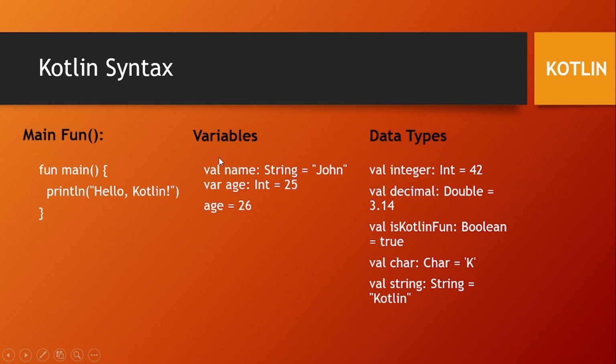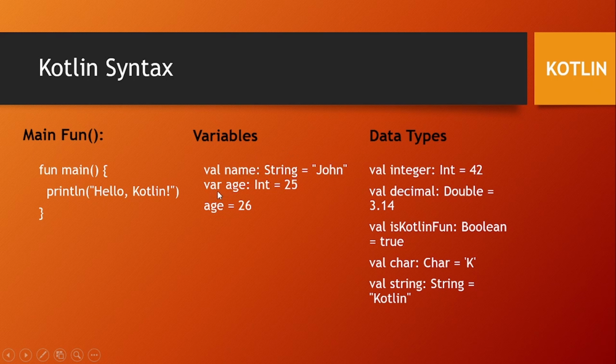Here we can see how we can declare a variable in Kotlin, which is different from other programming languages. We use the val keyword for declaring immutable variables, then the name of our variable, which is name, and then I have explicitly declared its type as String, and assigned the value John to name.